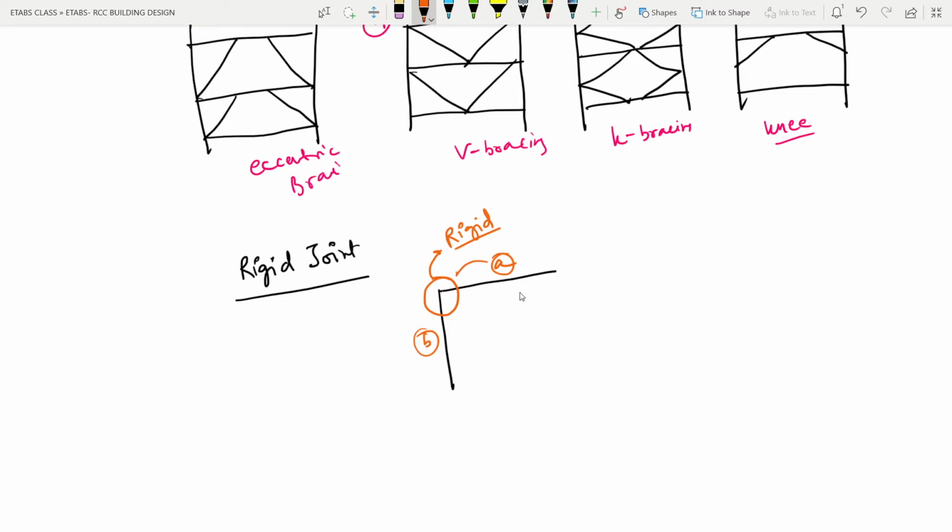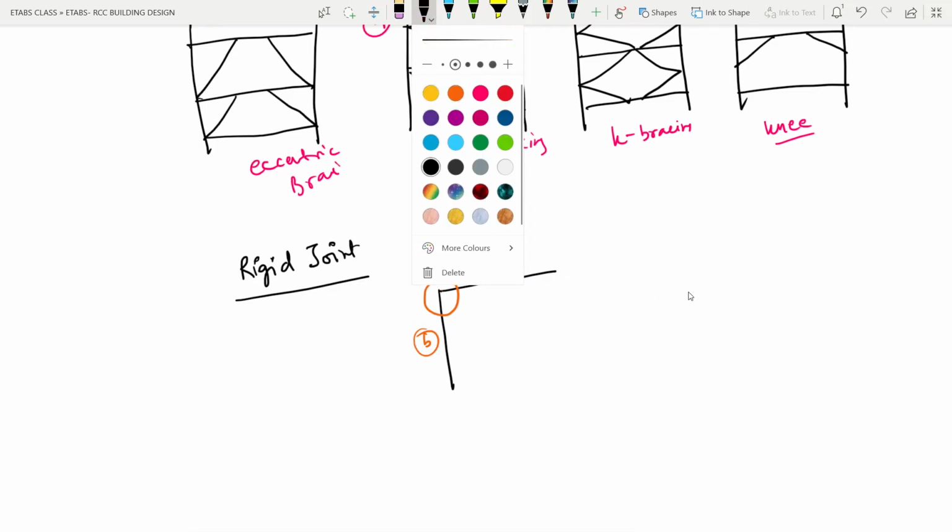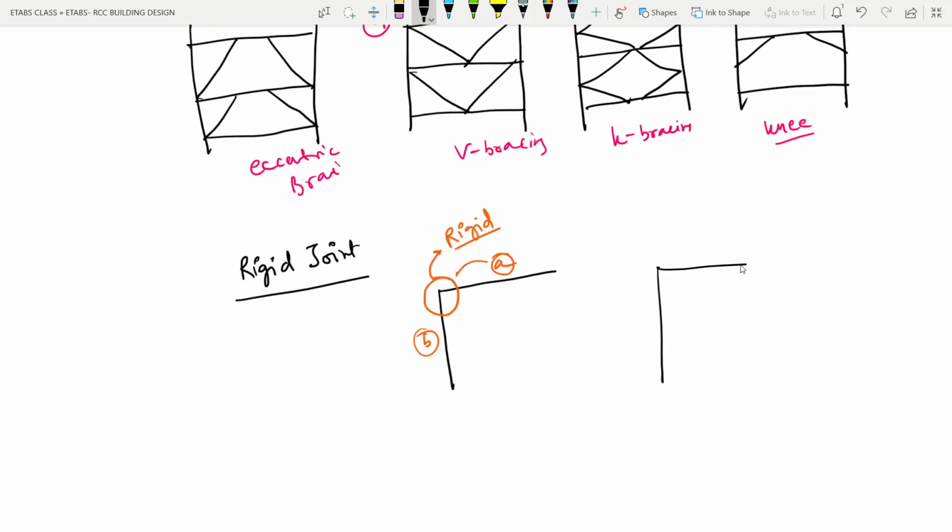Now the frames or the members which are connected with the rigid joint and create this kind of bay are called rigid frames. So if I just create a frame like this, and we are considering that these joints are capable of transmitting the full extent of the forces to each other, then through this joint, this frame will be called a rigid frame.